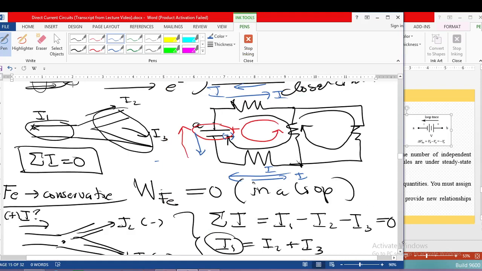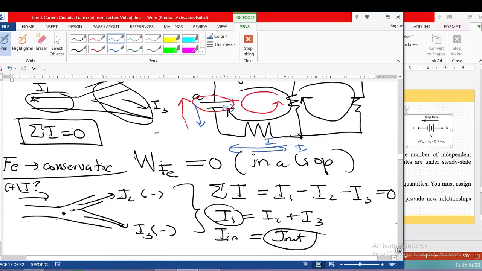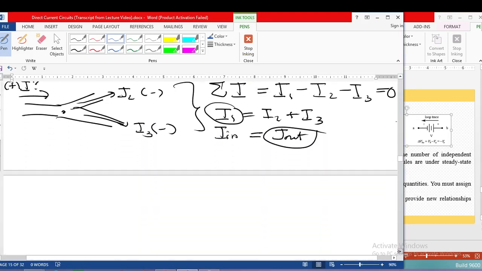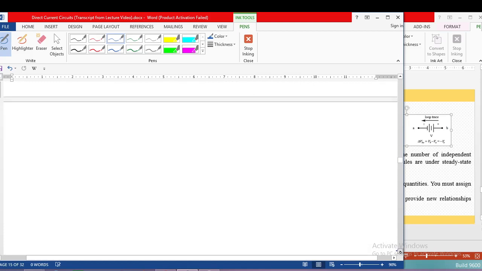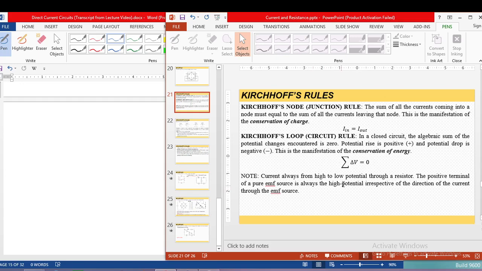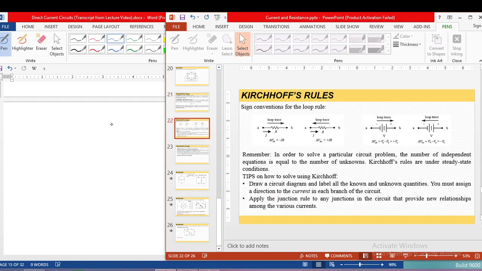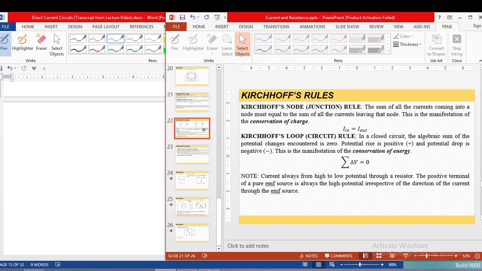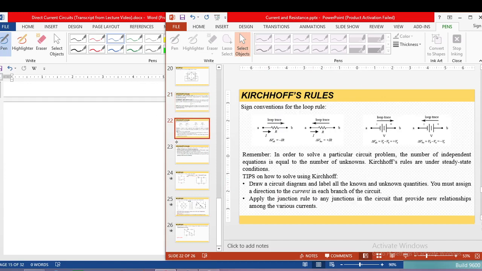Next, how about circuit elements like resistors? For a resistor, I noted here that the current always flows from higher to lower potential. What do I mean by that? The current here is moving from higher to lower potential.